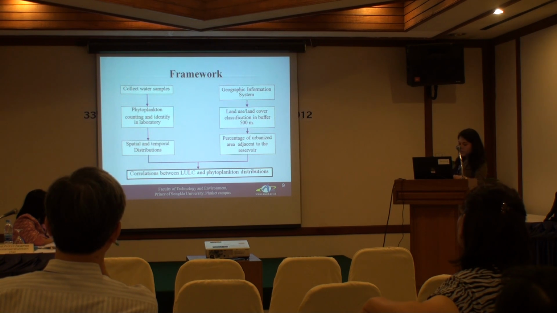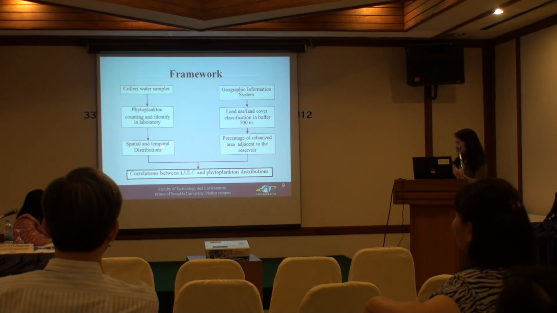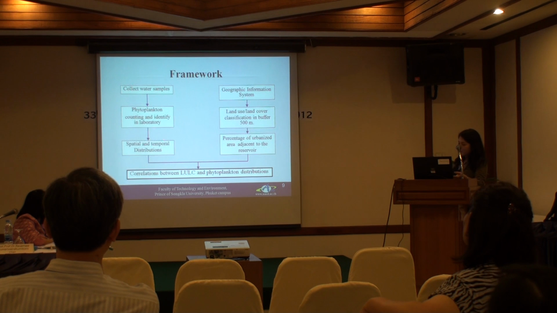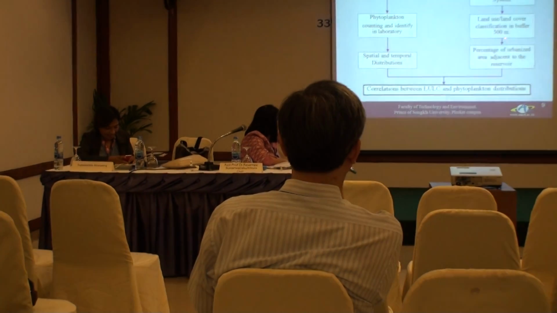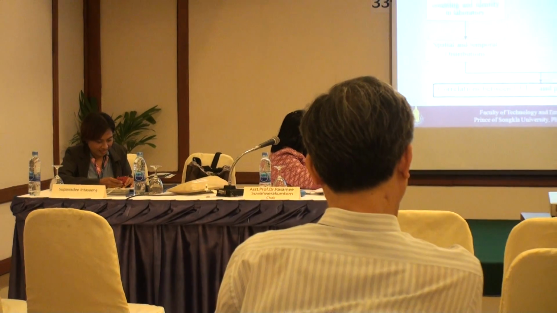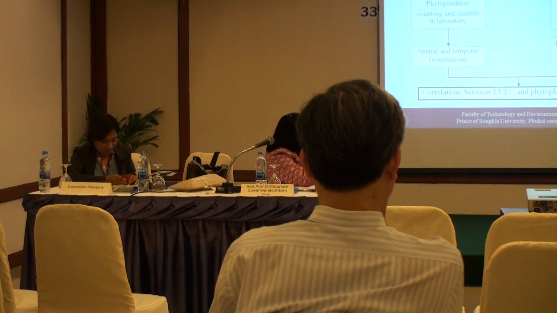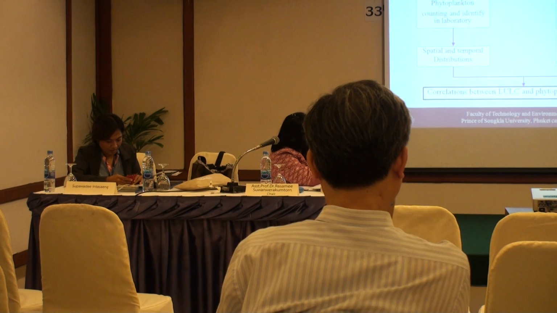And in this part, we study about the spatial and temporal distribution of phytoplankton. In the right-hand part is the solution for classifying the land use land cover using GIS in buffer zone 500 meters adjacent to each reservoir. And we receive the percentage of urbanized area.